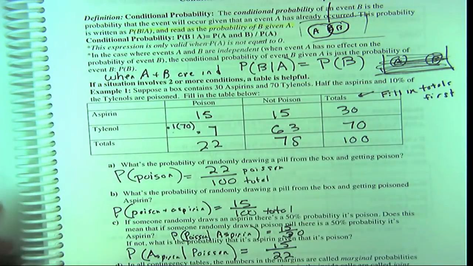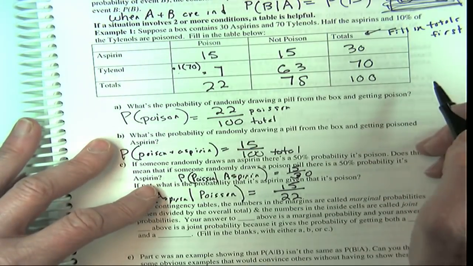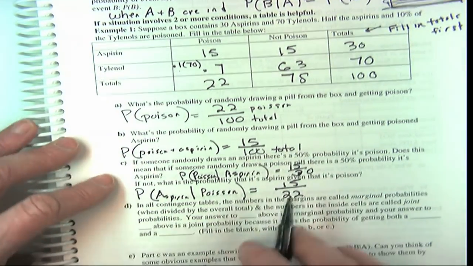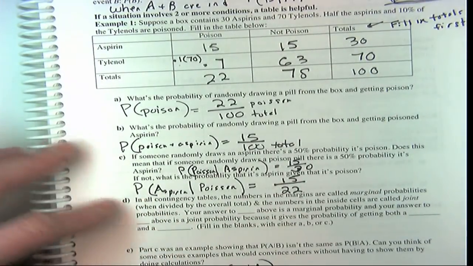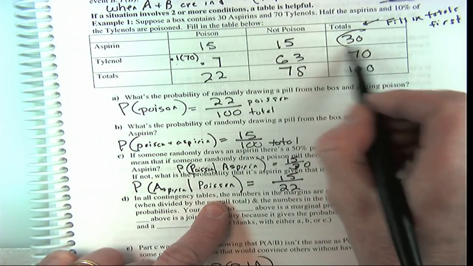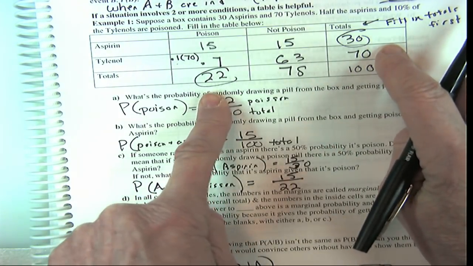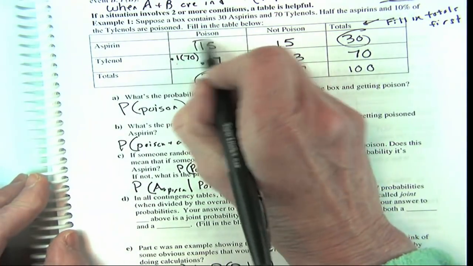So these two would have to be the same to have them equal. So if we go back to our example, what would have to be the same? We're doing poison and aspirin. So the probability of aspirin, which is this, and the probability of poison would have to be the same. Because poison and aspirin is this one.